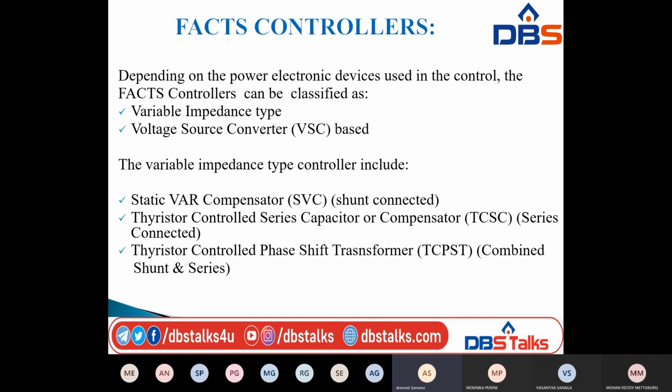Depending on the power electronic devices used in the control, the FACTS controllers can be classified into two types. One is the variable impedance type, and the other is voltage source converter based, VSC for short. Firstly, we will go to the variable impedance type controller.